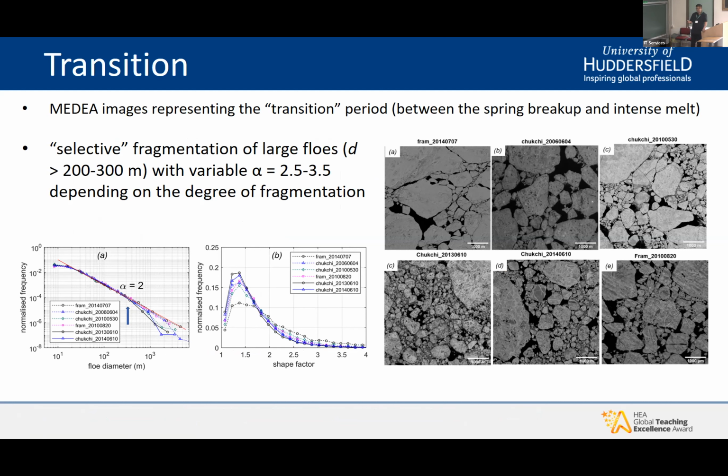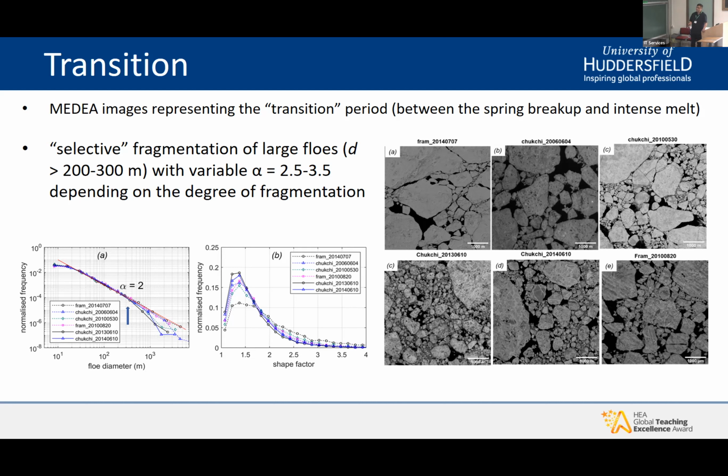So there might be some argument on that. However, we think these 6 images represent the so-called transition period between spring breakup and before the intense melt. We verified that it doesn't yet have an intensive network of melt ponds. So we confirmed this.